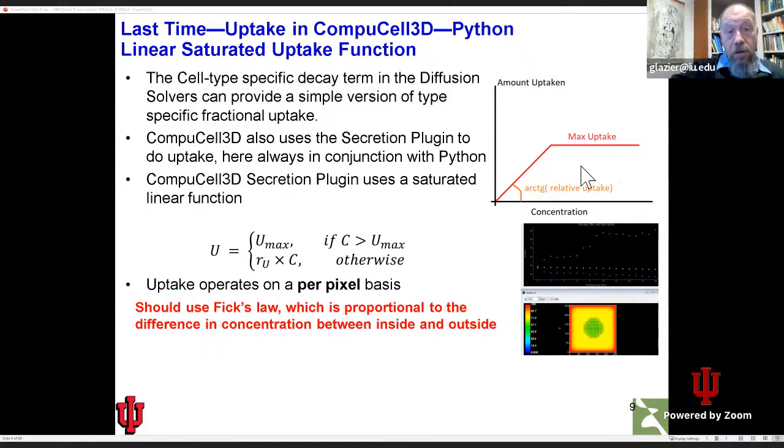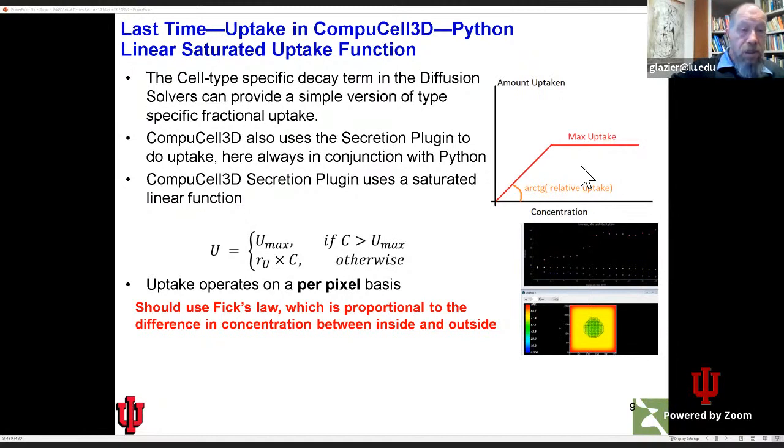Similarly, when I have flow across the membrane, the flow rate is proportional to the difference in concentration between the inside and the outside. And so to assume that the uptake rate depends only on the concentration outside doesn't really make sense. And so there ought to be a way of doing at least a difference between a value and the amount to give us a flux.